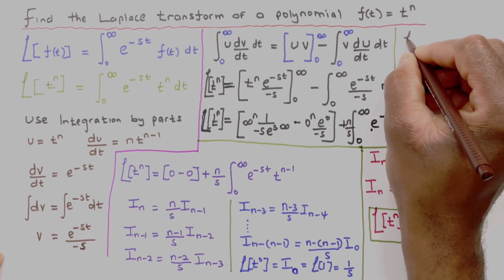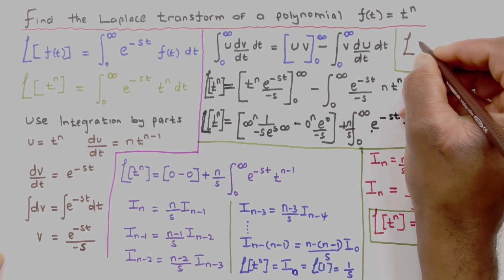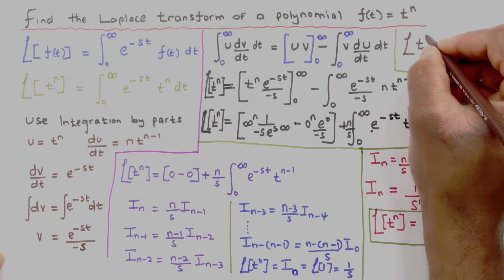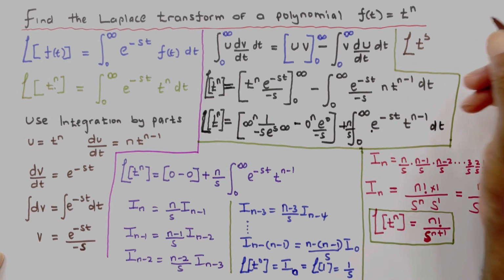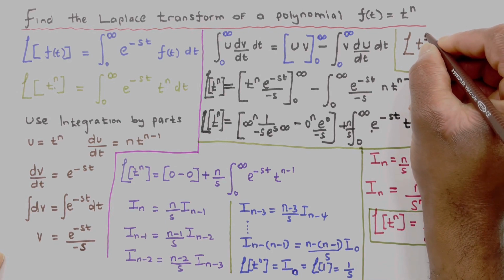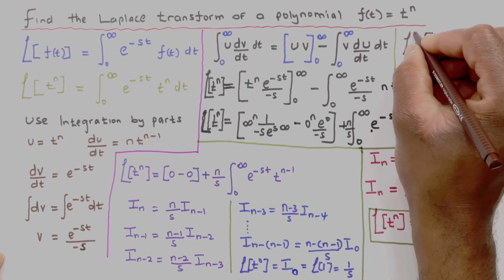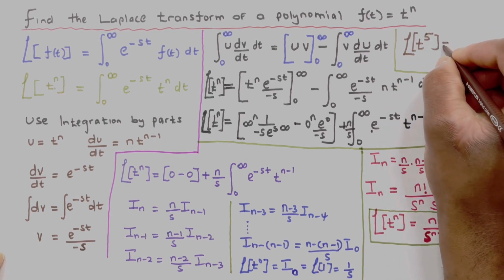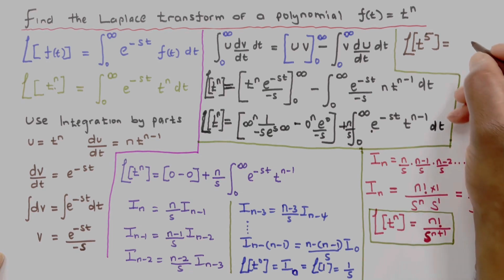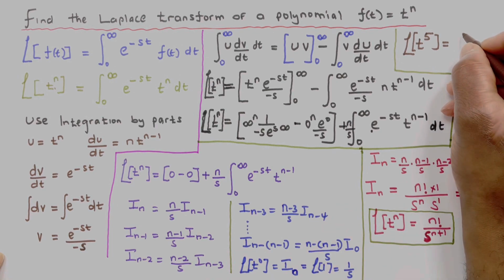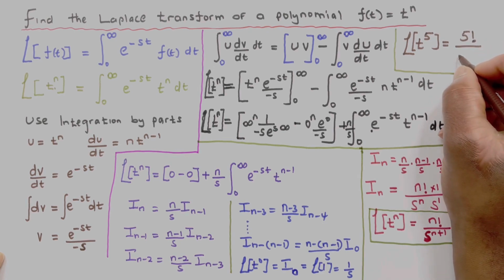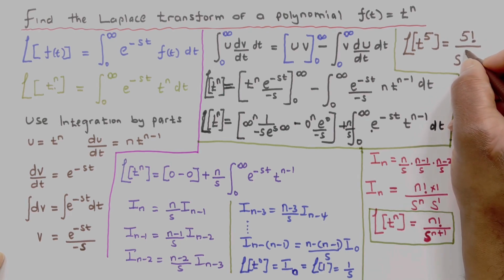Now, let's do an example. The Laplace of t to the power 5. We can write that as n factorial, which is 5 factorial, because n is 5, divided by s to the power 5 plus 1.